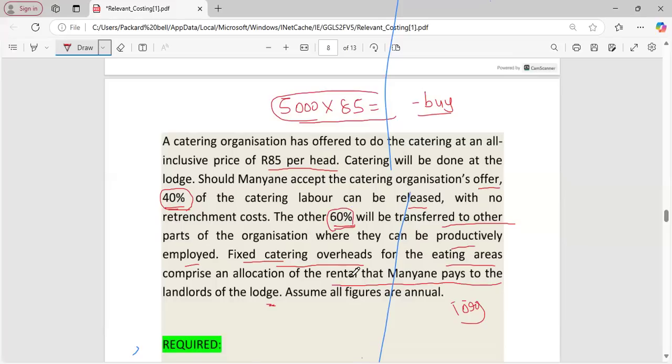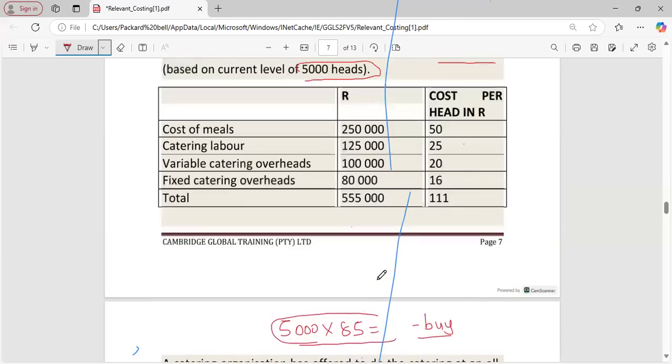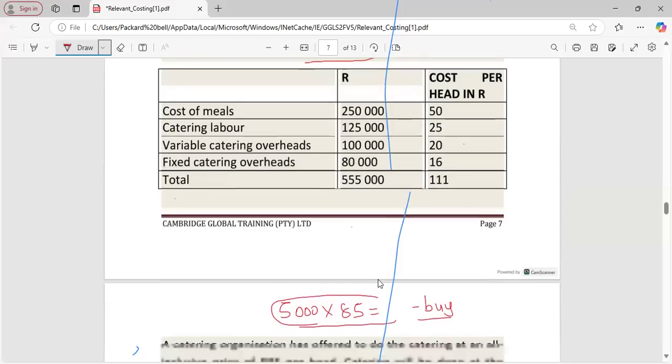Fixed catering overhead for the eating area comprises an allocation of the rental that Mariano pays to the landlord of the lodge. So which means this one, the fixed catering overhead, is going to be irrelevant. Why?